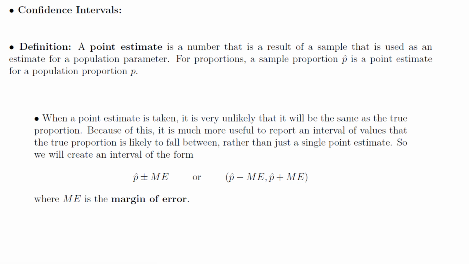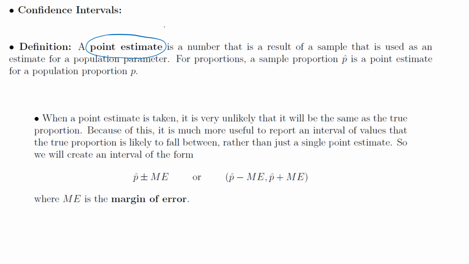Now let's take an example like a candidate running for office. They might want to know, okay, what percent of people at this point plan on voting for me? So if they go out and collect a sample and count up, okay, out of this sample of so many potential voters, this percentage said yes, they'll vote for me, that's what's referred to as a point estimate.